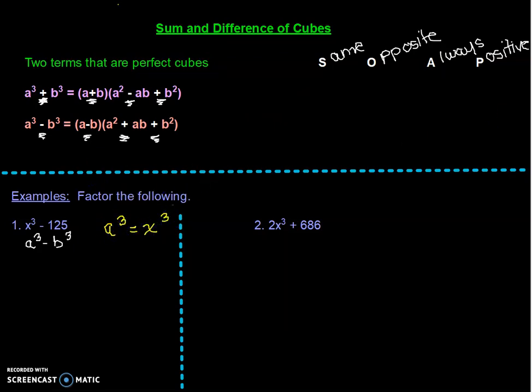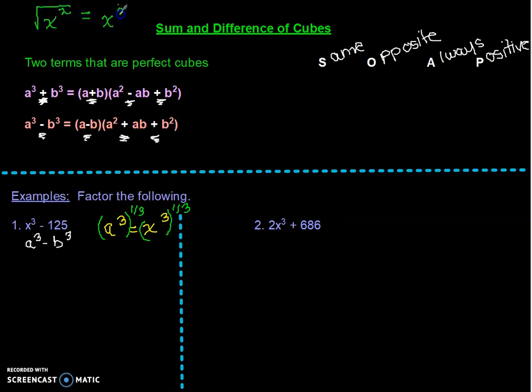I need to know what a is, so you can either find something that multiplies by itself 3 times to give you x to the third power, or you can do it algebraically. The way to get rid of a third power is to give it a 1/3 power. Whatever you do to one side, you do to the other. Remember when we have x squared, the way to get rid of a square is a square root.